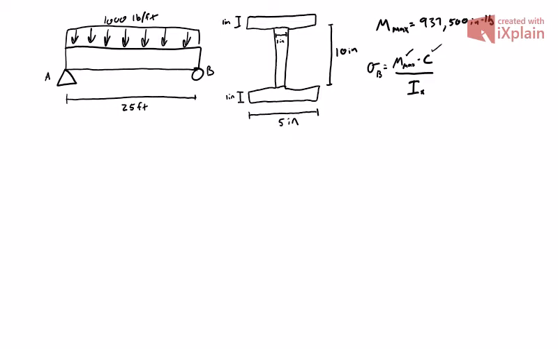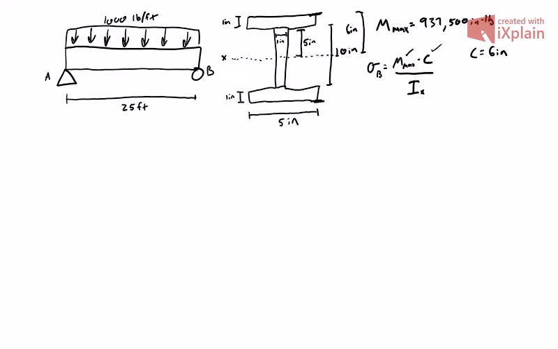If we draw the x-axis going through the centroid of our beam, the furthest distance away would be either all the way up at the top or all the way down at the bottom. If the whole distance in the middle of the beam is 10 inches, that means this distance is 5 inches. Therefore, this distance is 6 inches. So that tells us that C is equal to 6 inches.